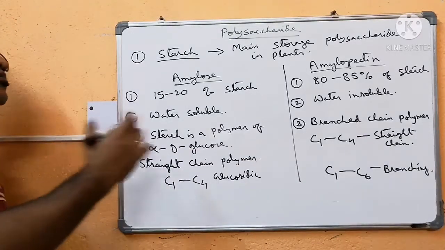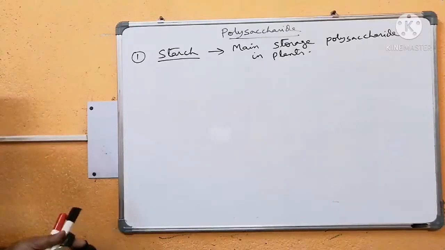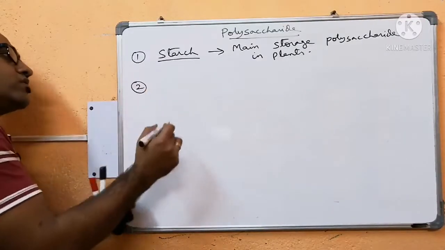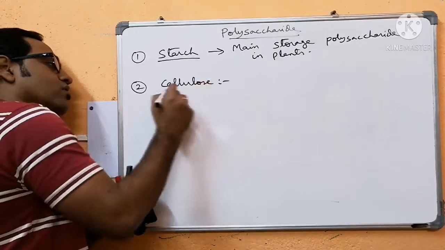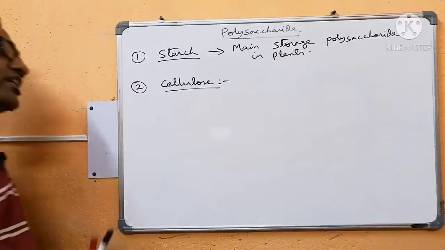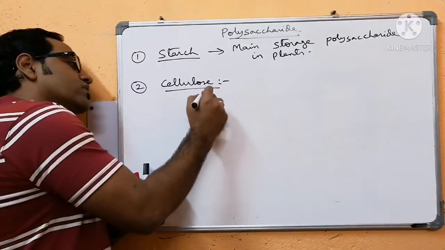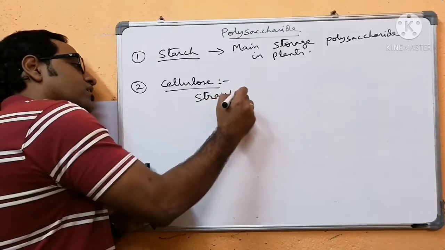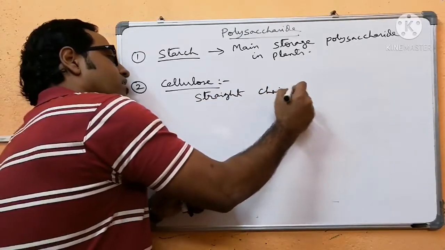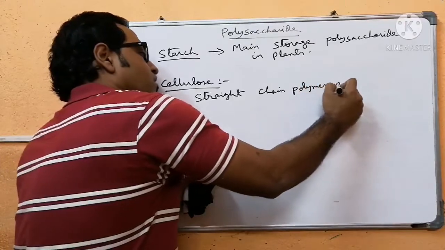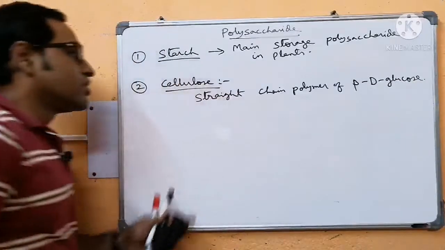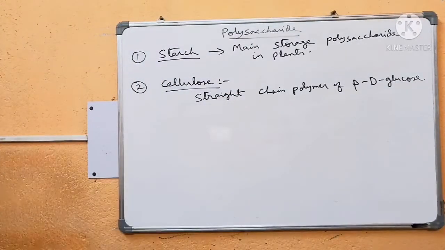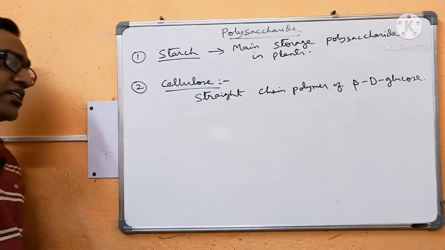Okay. Next we will move on to cellulose. Now cellulose is a straight chain polymer of beta D glucose, and it is the main structural part of the plant kingdom.